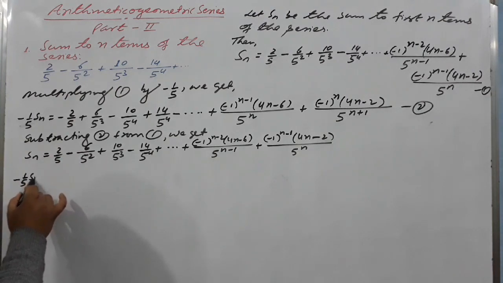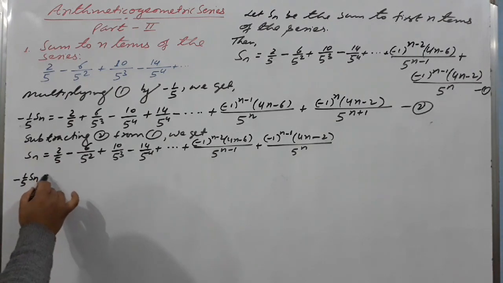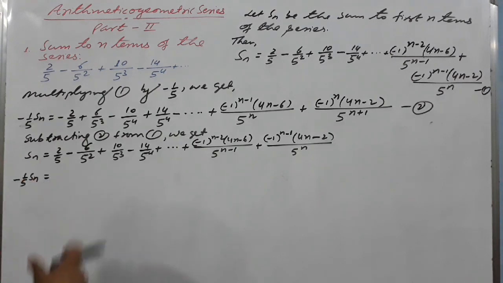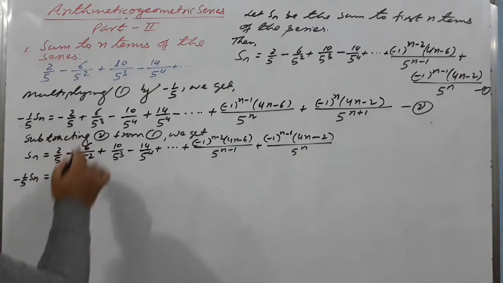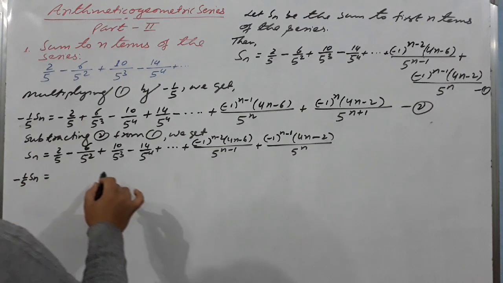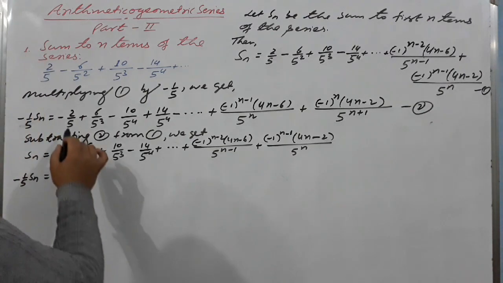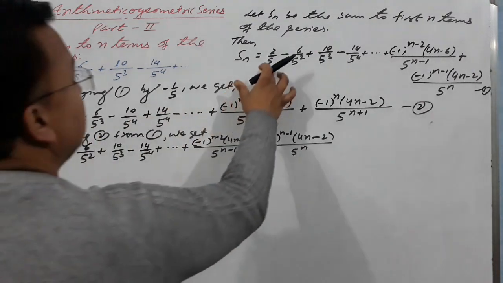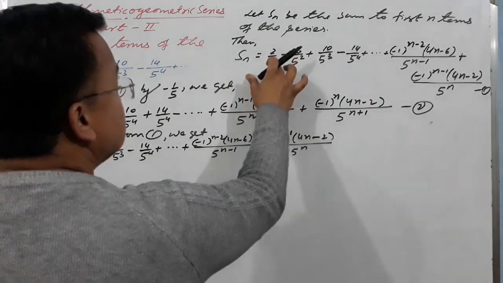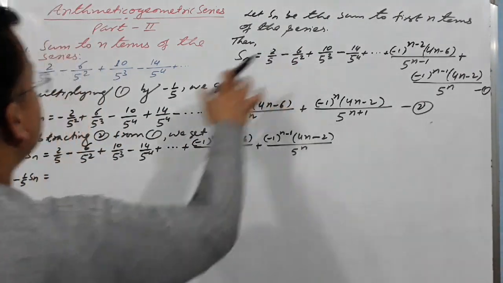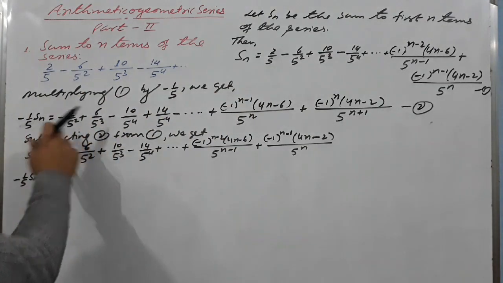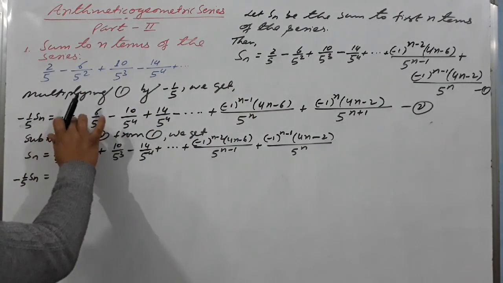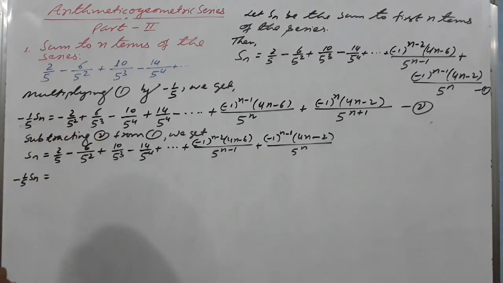Minus 1 upon 5 Sn is equal to, so one step here, as I told you in an earlier video, sorry, here I forgot to write down the square. If we multiply 2 upon 5 by negative 1 by 5, we get negative 2 by 5 squared. Now I've corrected.